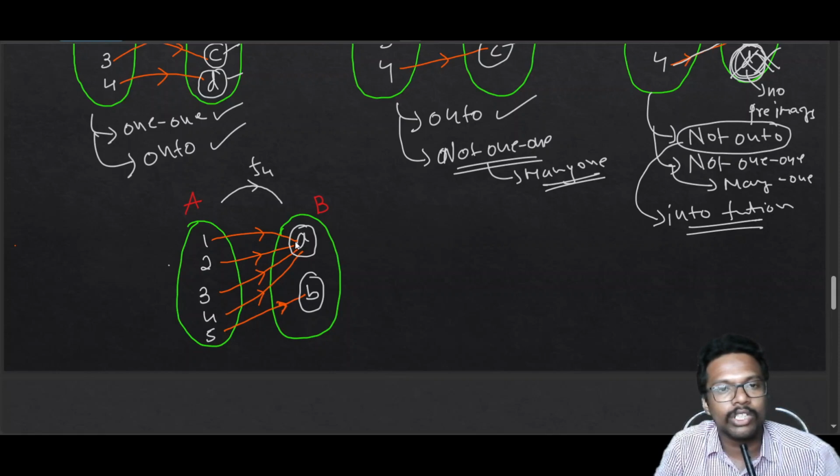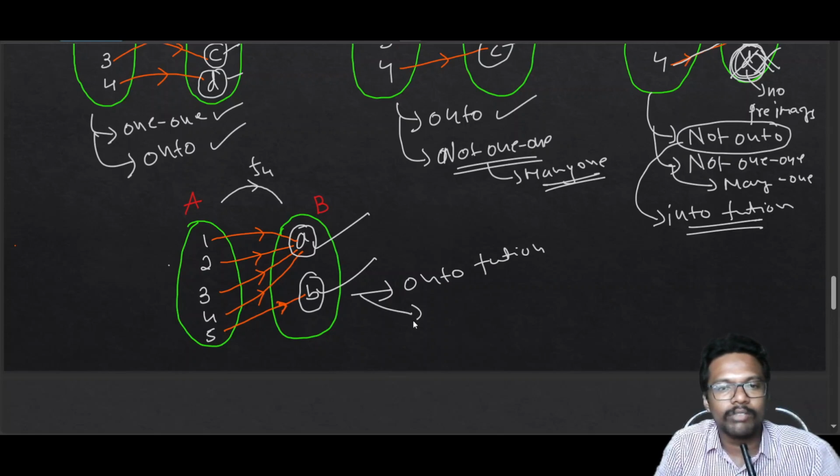It has more than one, so it is well and good. It satisfies the definition, because there should be at least one preimage. A has 4 preimages. So A is used here, and B is also used. B has one preimage, that is 5. So it satisfies the definition of onto, and we can call it an onto function.